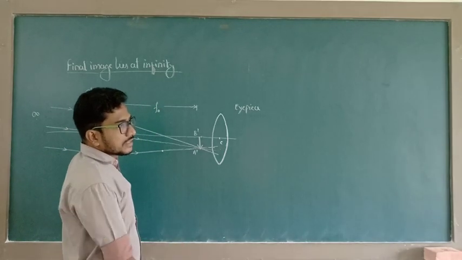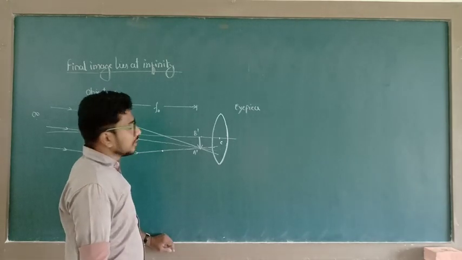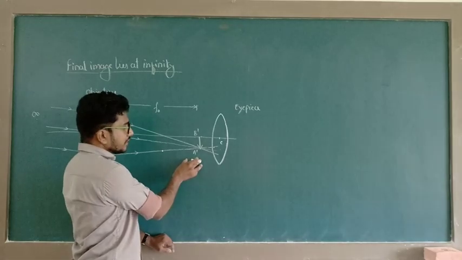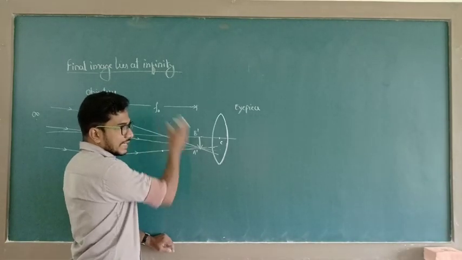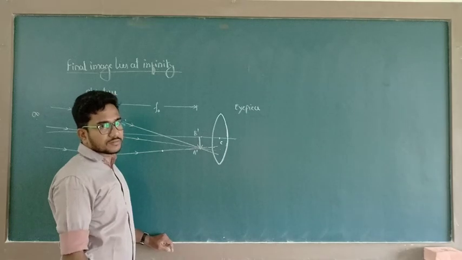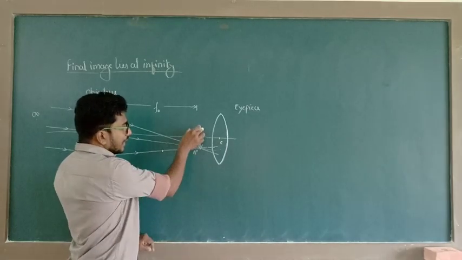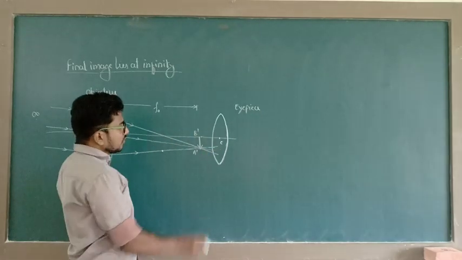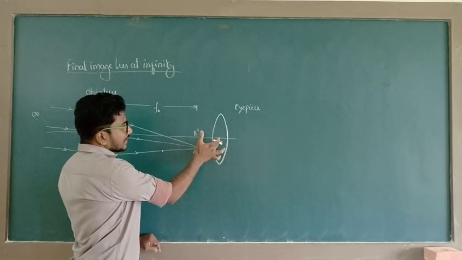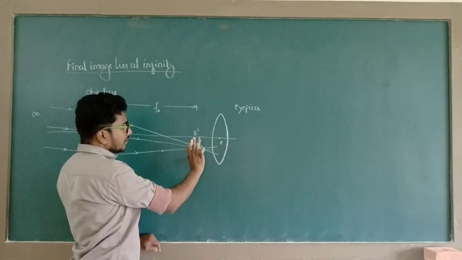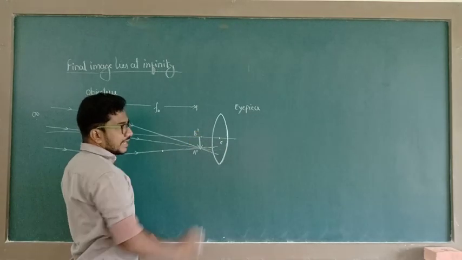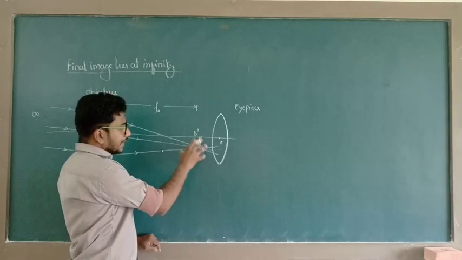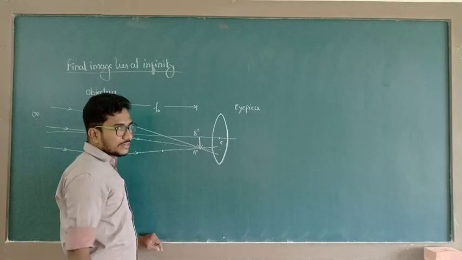So final image lies at infinity means here A dash B dash is the image of the object lying at infinite distance, but A dash B dash acts as the object for this eyepiece. Now the distance between the optical center of the eyepiece and the position of A dash B dash is adjusted in such a way that the final image lies at infinity.